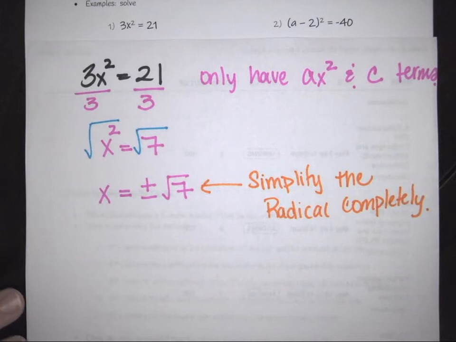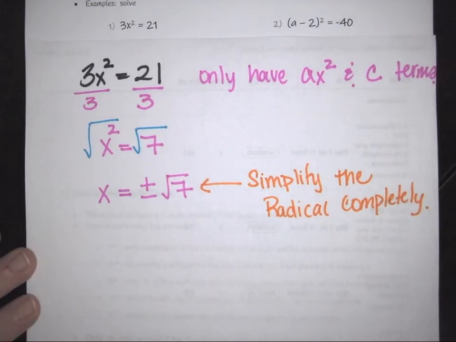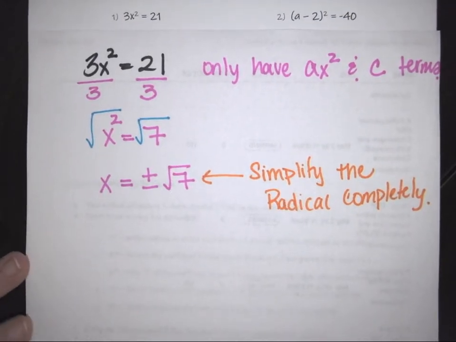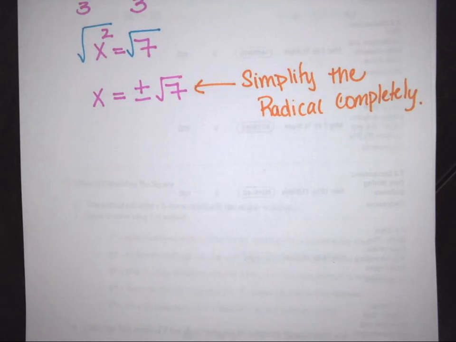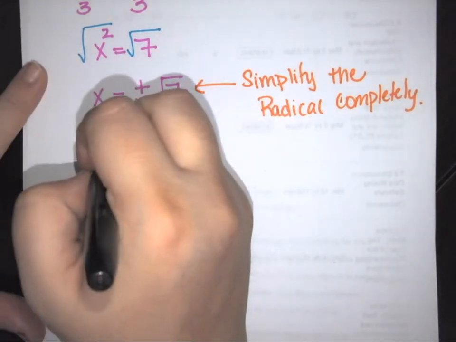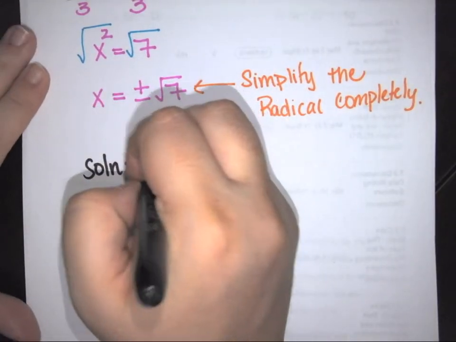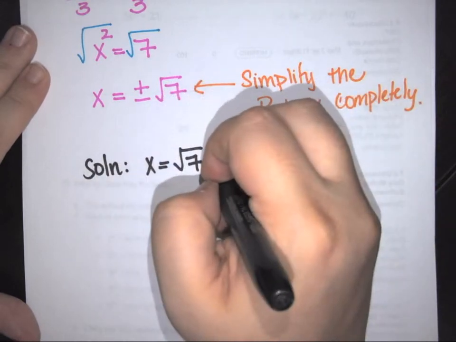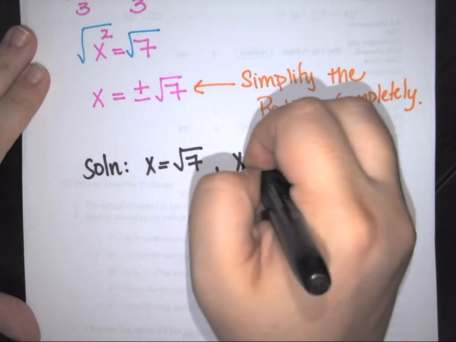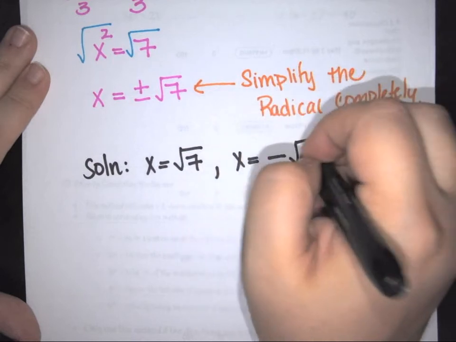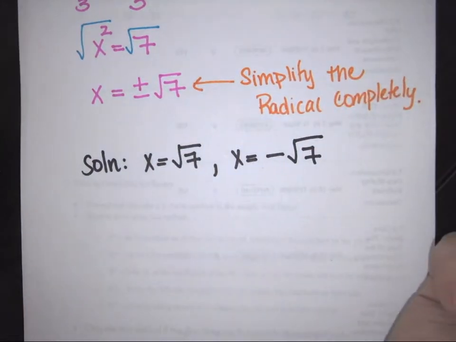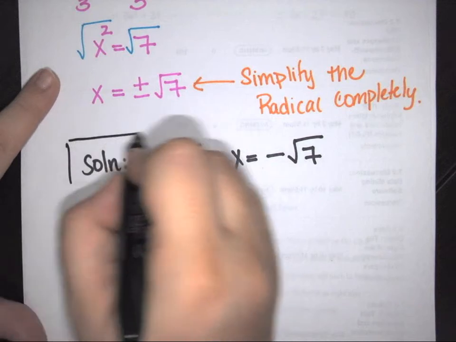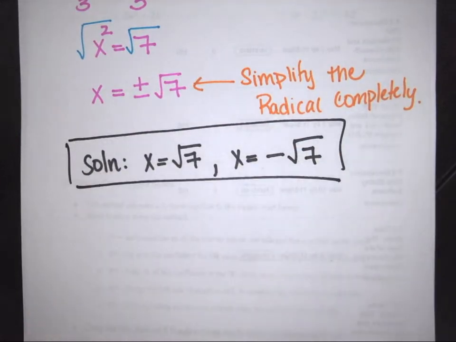Well, if you look at the square root of 7, there is nothing else I can do to it. Therefore, my solutions here would be that x equals the square root of 7 and x equals negative square root of 7. And this would be the result that we were looking for.